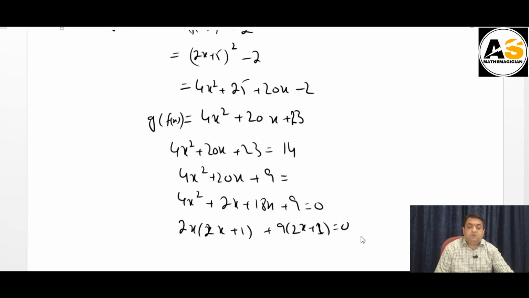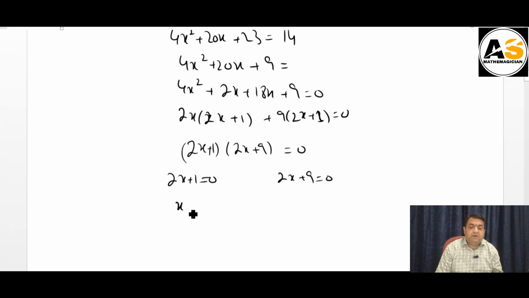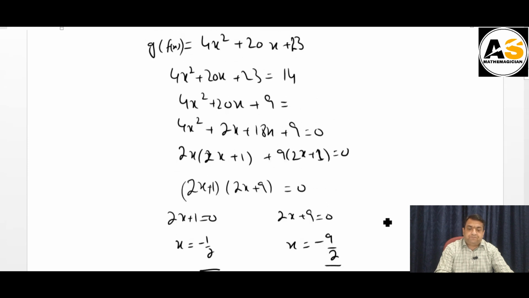One is 2x plus 1, and the second one is 2x plus 9, which gives us 2x plus 1 is 0, 2x plus 9 is 0, x is equal to minus 1 by 2, and x is equal to minus 9 over 2. So these are the two values or two solutions of the equation.